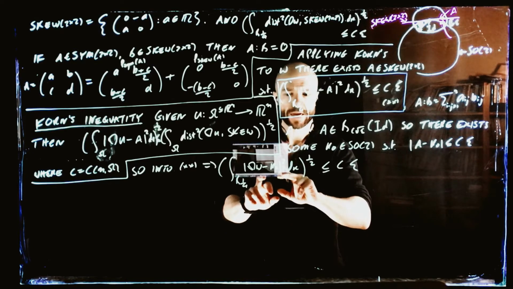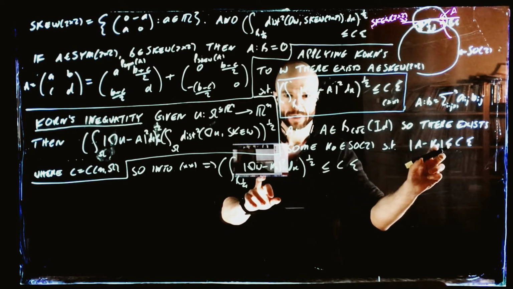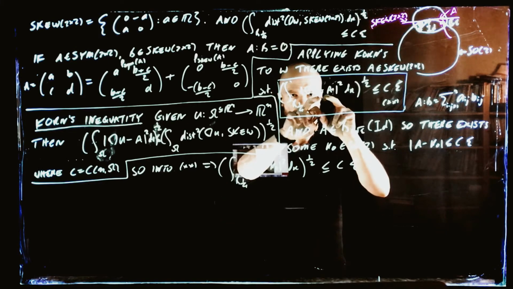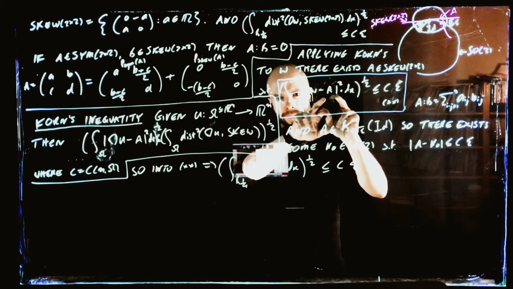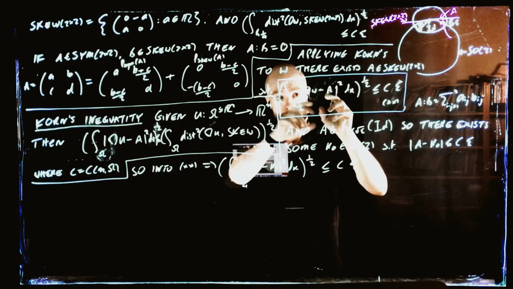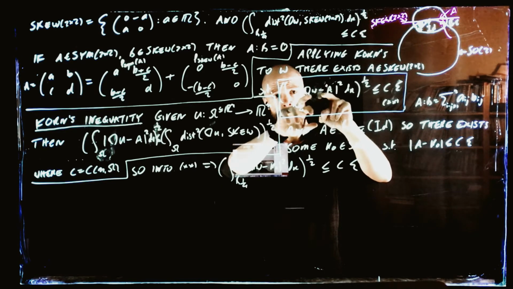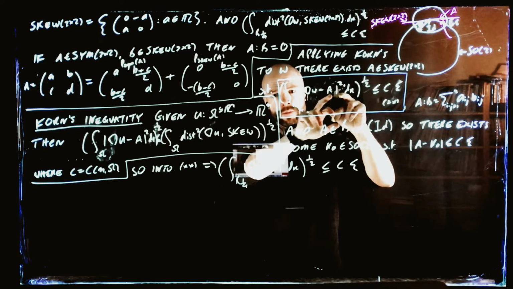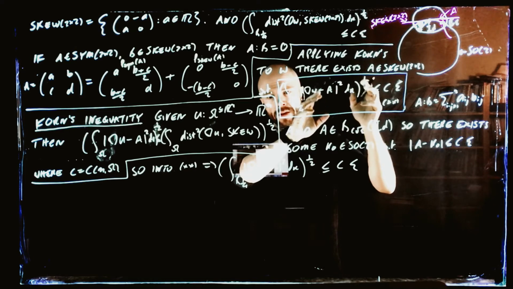Are you happy that I can do this once I have this, or shall I write this out? All we're going to do is break this up with the triangle inequality. Give me a thumbs up if you want me to write this out. Are you all happy with it? Yeah, we just break this up into gradient of W minus R0 plus R0 minus A, apply the triangle inequality.